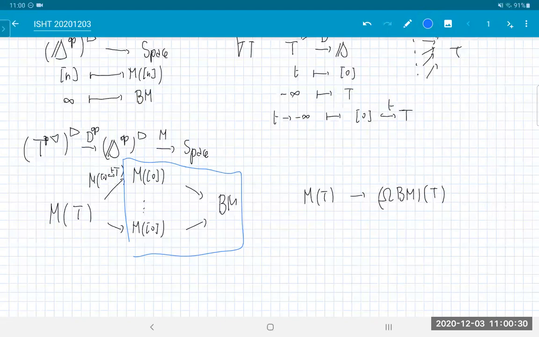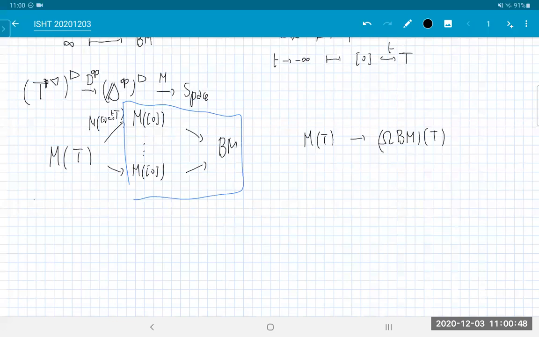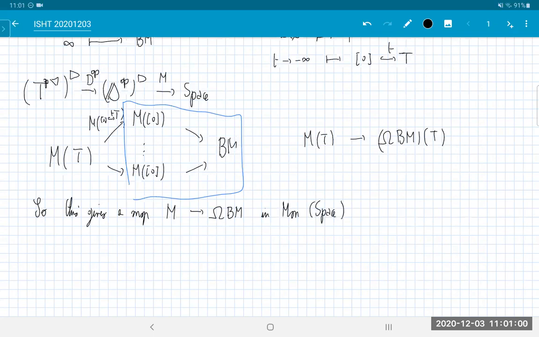I'm just saying that composition of loops is compatible with the multiplication in M, if you want. So this gives a map M to omega BM.